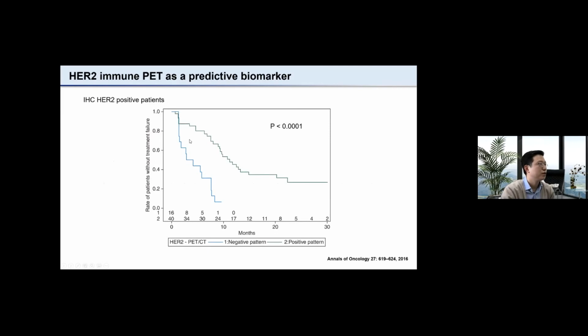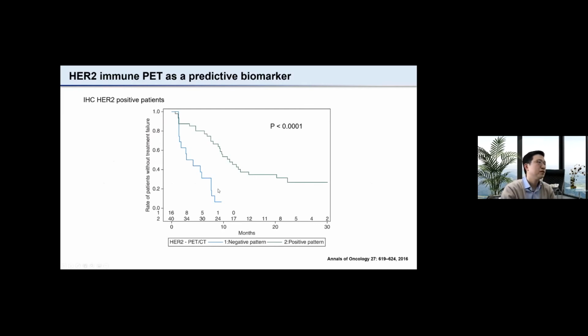Interestingly, if HER2 PET was negative, then HER2 targeted therapy was not very good, so the prognosis was bad. But if HER2 PET was positive, then HER2 targeted therapy was very good for the patients.